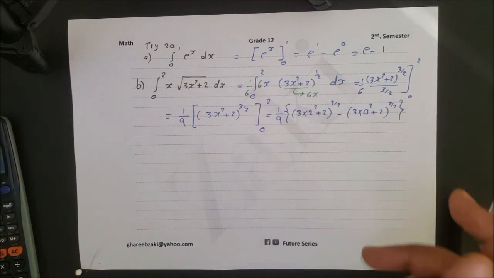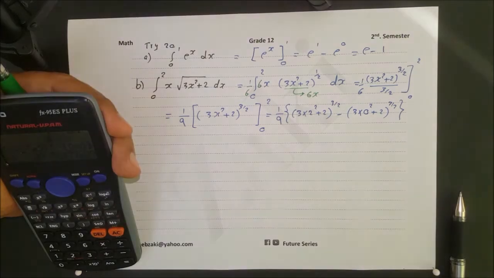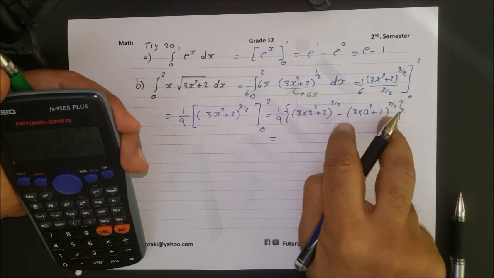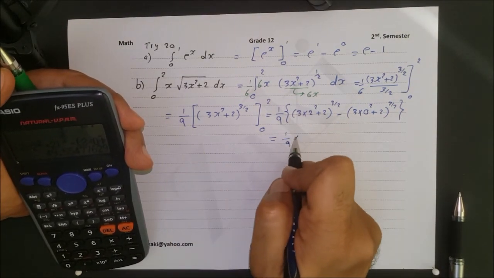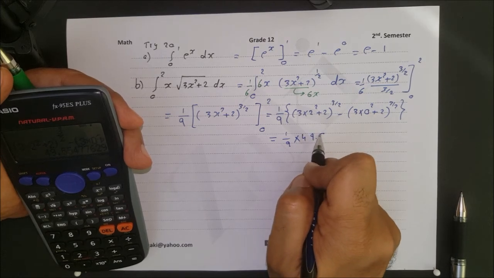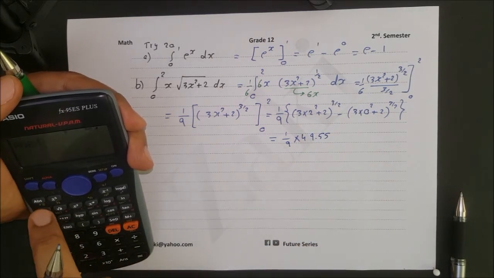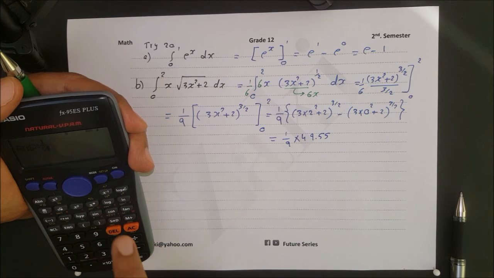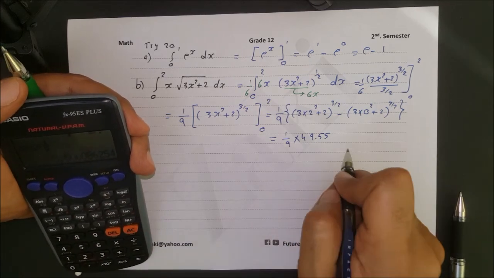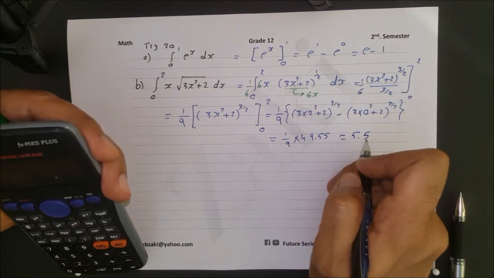Now we find this by using a calculator. The answer inside the bracket is 49.55. So multiply by 1 over 9. The answer is approximately 5.5.